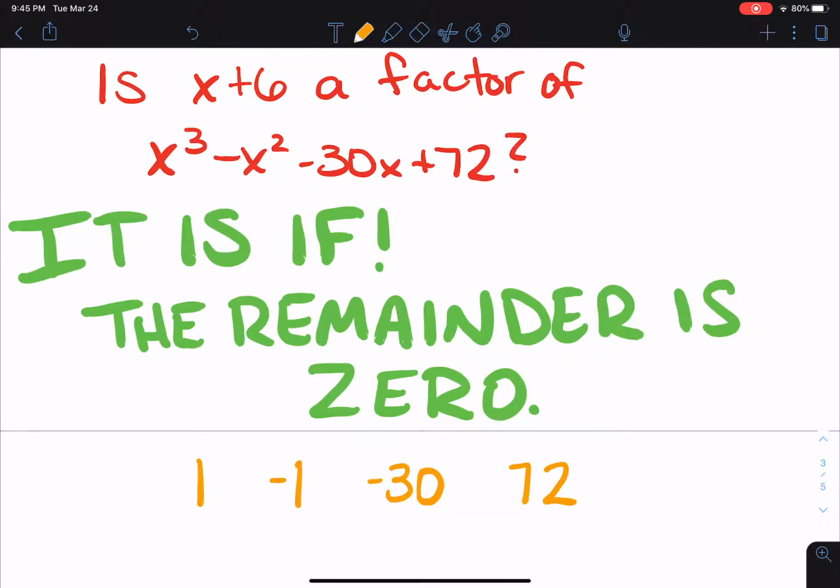Remember earlier I said that if it's x equals that number, then we're going to put that number in our little box. This is x plus that number, so to find what x is, we should move it to the other side. So x equals negative 6 if we subtract 6 from both sides. Okay, so that means that in our little box over here, we're going to have negative 6.